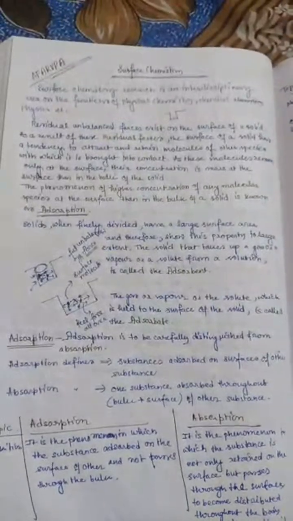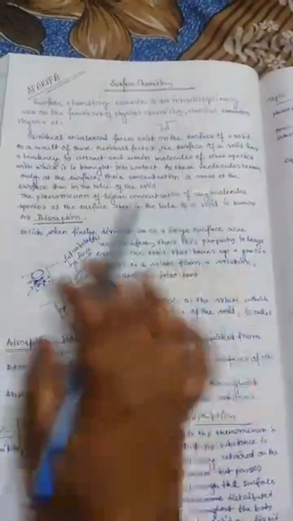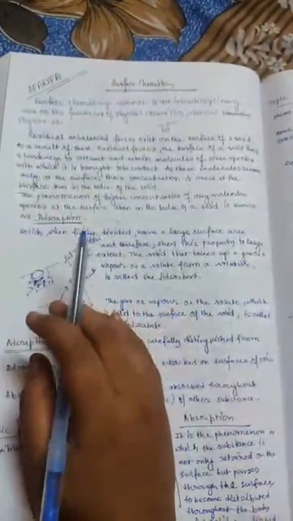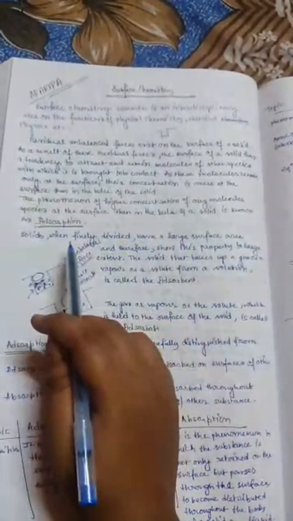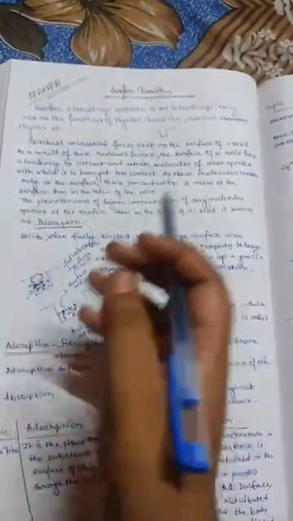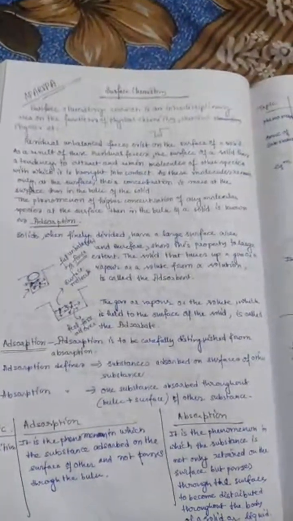Okay, so now we have to come to adsorption. A solid when finely divided, suppose nickel, palladium, platinum, and so on, has a large surface area. As it is finely divided, the surface area increases.